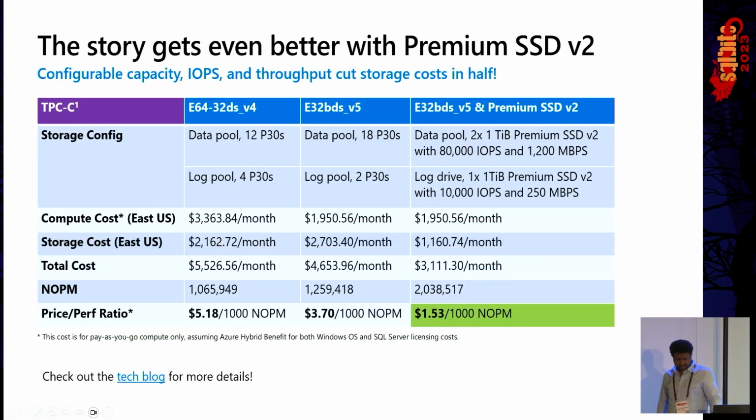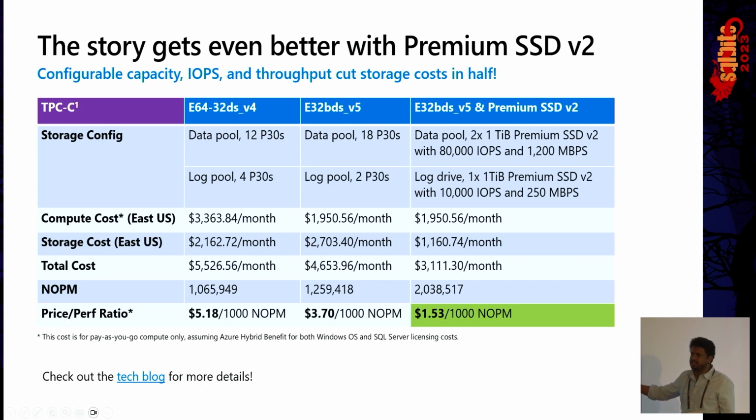Now, if you combine both Premium SSD V2 and Ebdsv5, we have done a lot of tests with companies like GigaOM and others. What we saw is the price-performance ratio you get by combining Ebdsv5 and Premium SSD V2 is $1.53 for every 1,000 new orders per minute.